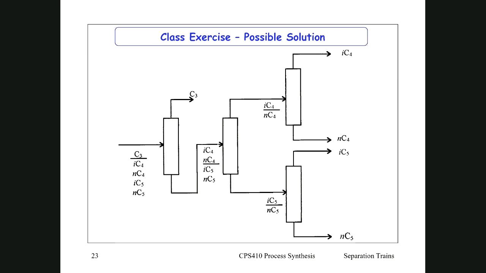So when I ask a question like this in the test, I want you to label these columns as column 1, column 2, column 3, column 4. And then you can say column 1, we've got 2 heuristics that apply. In column 1, it's going to be that we're using direct sequence and we're using the greatest relative volatility for this column. So there are 2 sequences that work.